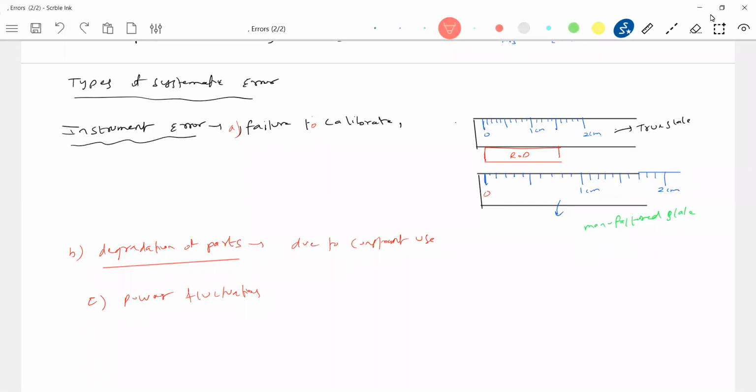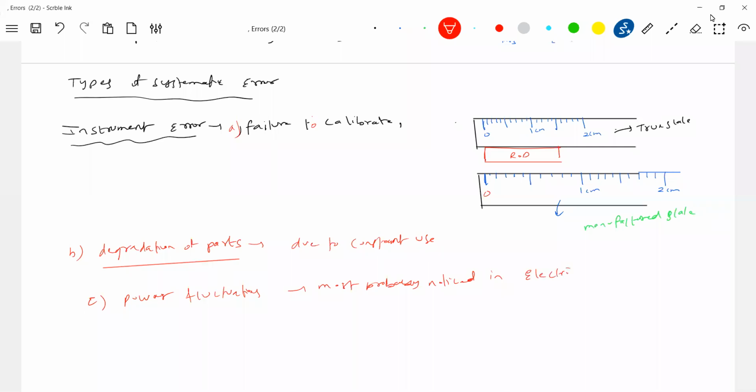Due to fluctuations in the power, they will give different readings. This is most probably noticed in electrical and mechanical equipment.